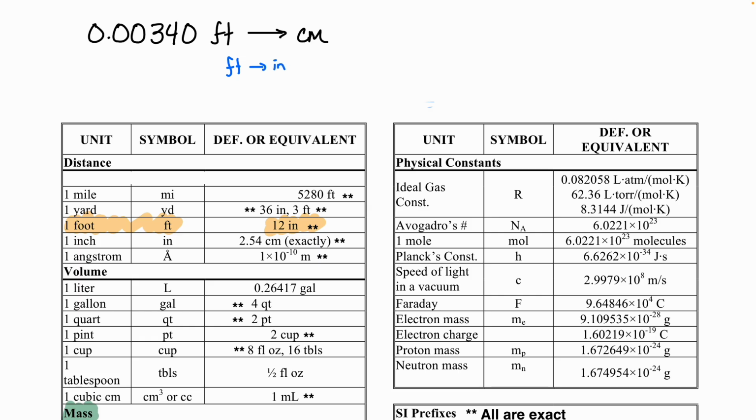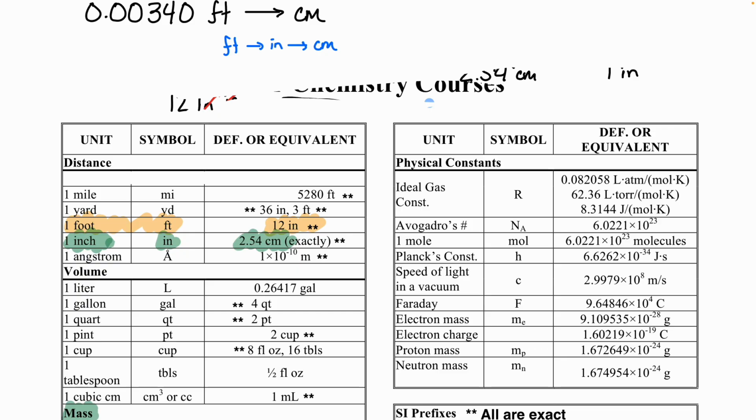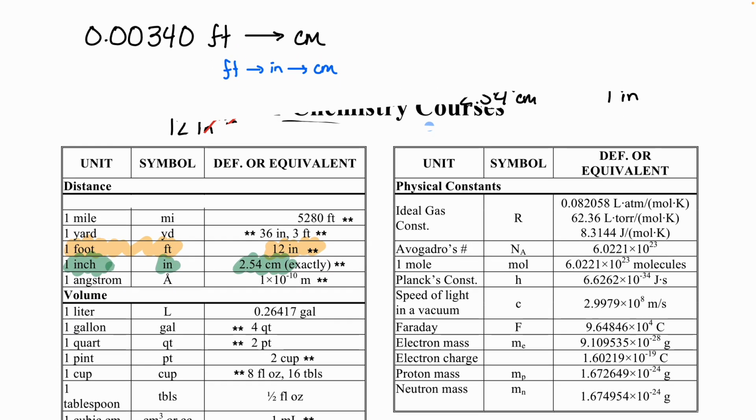And then I'm going to have to use another conversion factor, this one here, that will take me from inches into centimeters. All right, so we have to find a path through our units here that takes us from one to the other. If we can't find just one entry, we're going to have to link up multiple entries. All right, so everybody take a second and do this conversion for me.